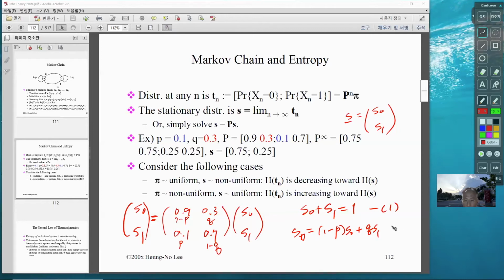So you get another equation. So from here, we know that this is S0, P S0 plus Q S1. And then, what should I do?